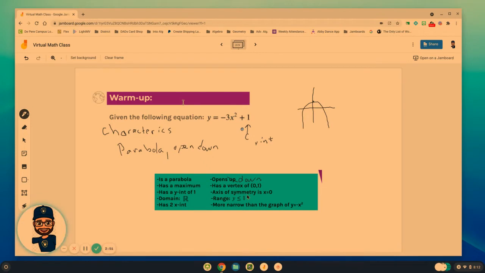What we're going to get into today is investigating what happens when we have formulas that look slightly different, where our a value is out front and we have something called x minus h squared plus k. What happens when they are in vertex form?